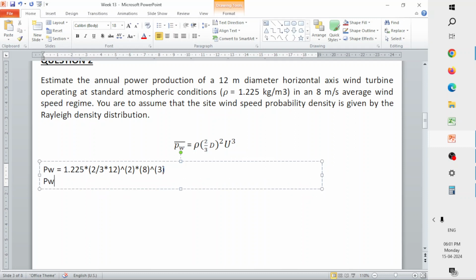PW is nothing but the average machine power. Let me write this: average machine wind power is 1.225 times 2 by 3 times 12, the whole square, times 8 cube.